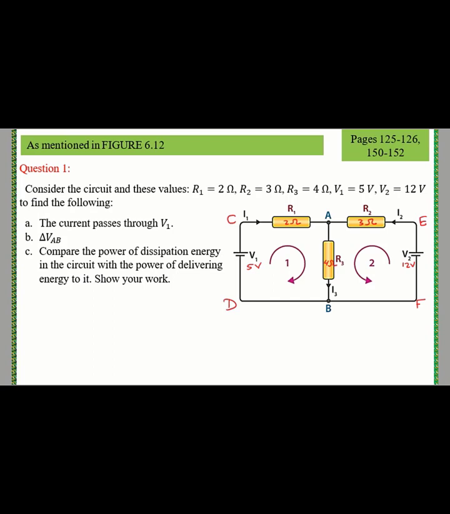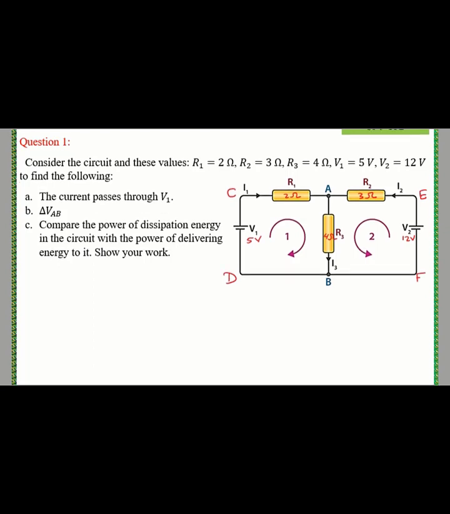For the first loop, this is the first loop, and this is the second loop. These are 2 loops. And for the junction rule, we have only 2 junctions at A and B.